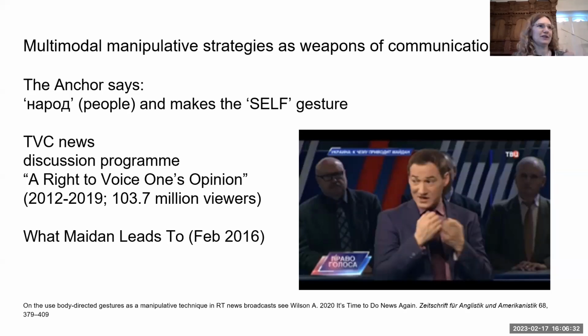The self gesture normally accompanies words like I, self, myself, my own, etc. The position of the gesture and the handshake, fists, communicates to the TV audience's emotion, feeling, the ideas of trustworthiness, okay, I'm telling the truth, but at the same time, ideas of strength, force, container, in other words, the inclusion of the Ukrainian people into the Russian people self, and a positive evaluative stance, as well as epistemic stance of certainty.